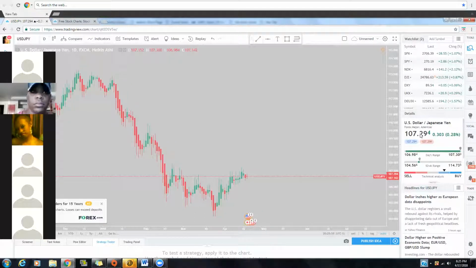Over here on this side, you're going to see your price level or your conversion rate, which means if you were to take $1 US and exchange it for yen, the Japanese currency, for that $1 US you would receive $107.29.